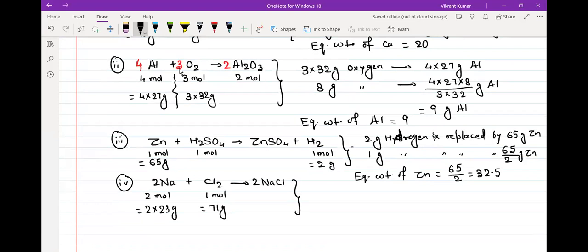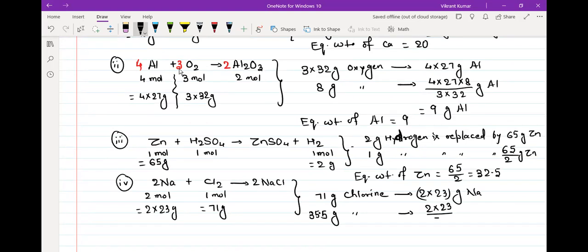And that's why we will say 71 gram chlorine is reacting with 2 into 23 gram sodium. And that's why 1 gram of chlorine will react with 2 into 23 by 71. Sorry, the reference is 35.5.